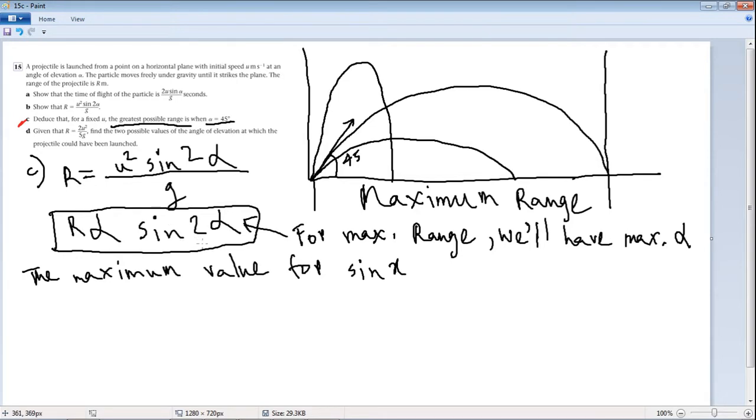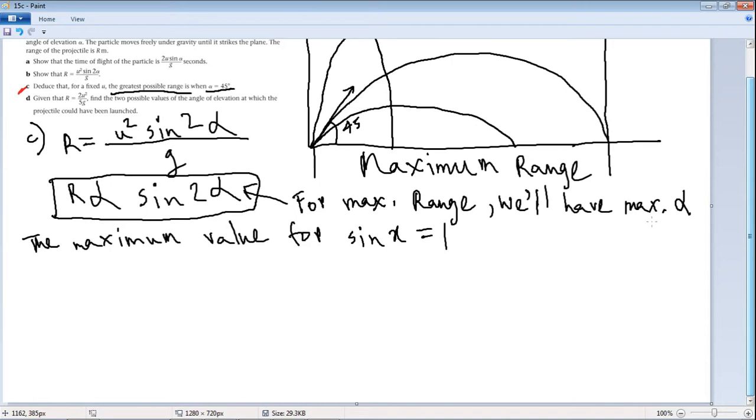It can be alpha or twice alpha. The maximum value for sine x is 1. So we need to solve according to this information.